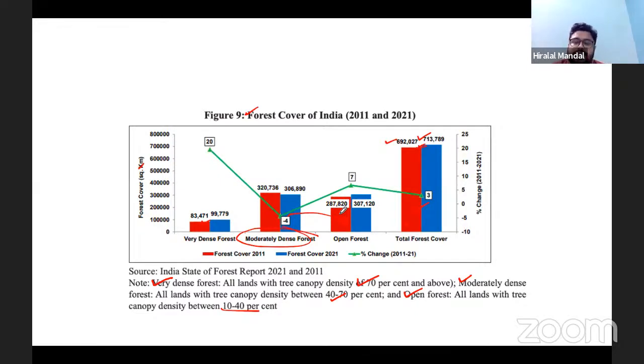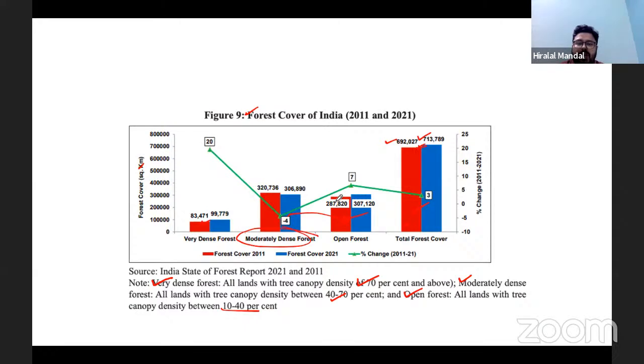We need to pay attention to that. It means moderately dense forest is converting into open forest, and that's why we can see a rise of open forest. That is something we need to look at and work on.